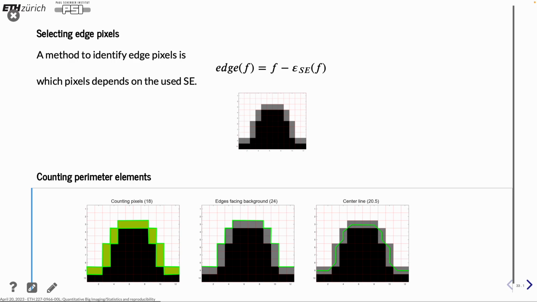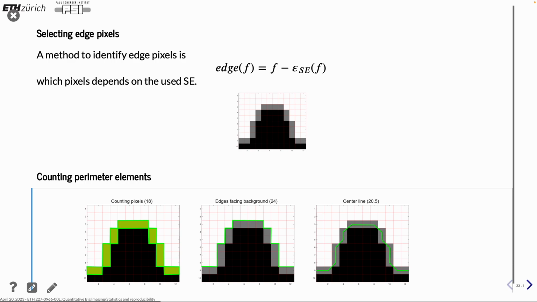First, looking at an edge, how do you extract it? A very easy way to extract the edge is just to take the segmented image and erode it by some structure element, so if it's a 4-connected or 8-connected structure element, and subtract that from the image. And then you actually get only the perimeter pixels out.